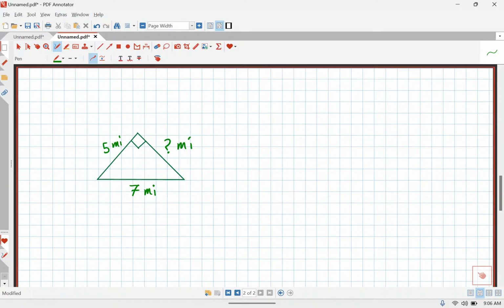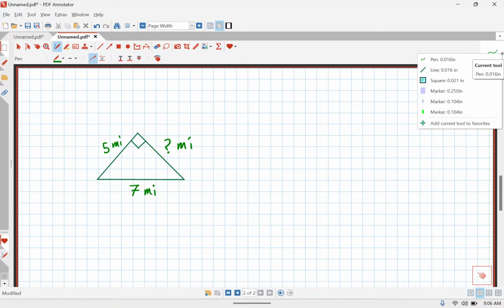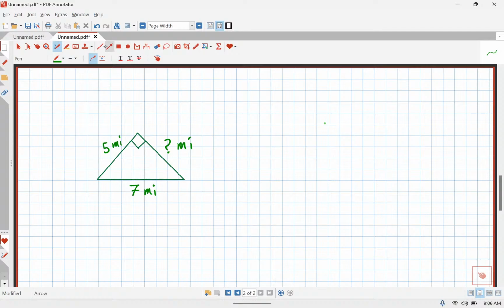Absolutely. Very good. Okay. Can I get you guys back up here in 5, 4, 3, 2, 1? Molly, what's going to be your first step here? Yeah, 5 times 5 will give me the area of this square, which is 25 miles squared.